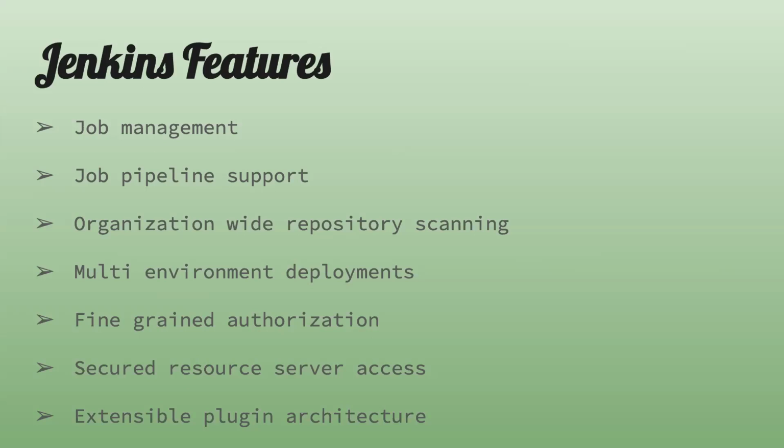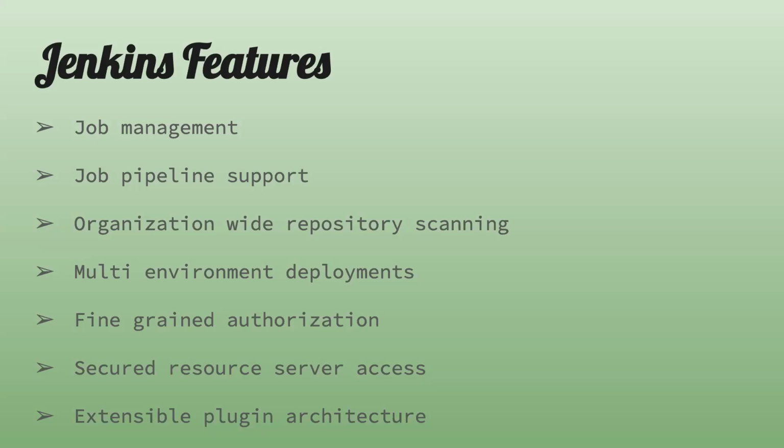Let's assume we have a particular Git repository, and there is a dependency to another Git repository. Once this repository is built, there are some downstream repositories that need to be built. That kind of use case can be modeled using Jenkins workflow support.